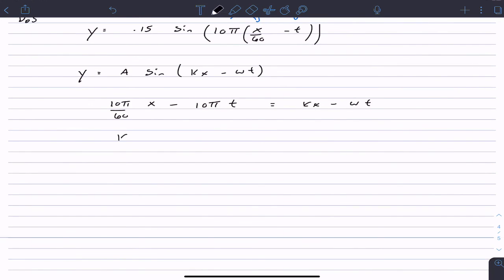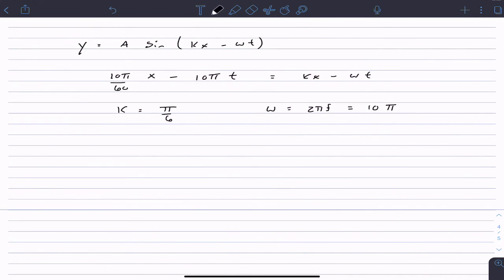So that means that k is equal to pi over 6, and omega is just equal to 10 pi. I was going to find frequency, but I don't think I need to. But we want to find wavelength, so k is 2 pi over wavelength.